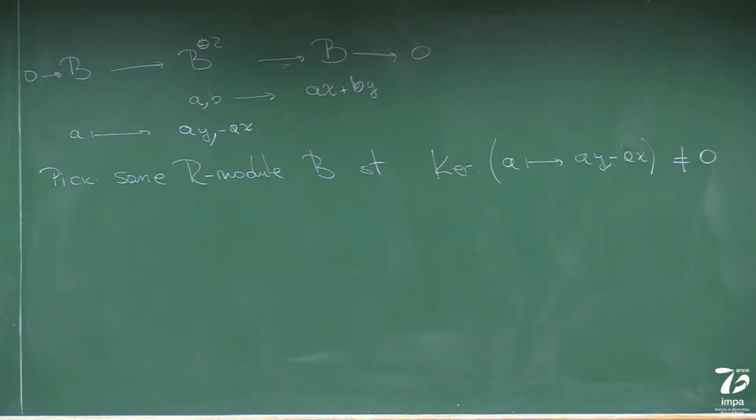That means in particular you're looking at some module over R such that multiplication by X and multiplication by Y are 0. For example, if you do this, then anything is going to be in the kernel.